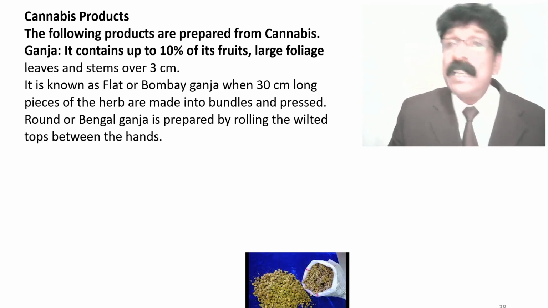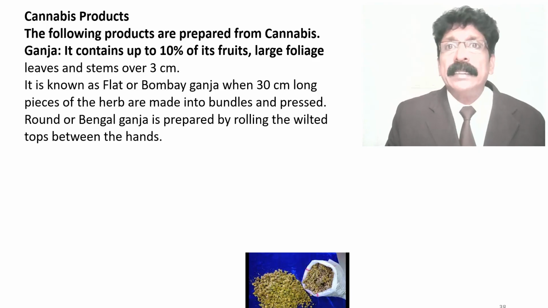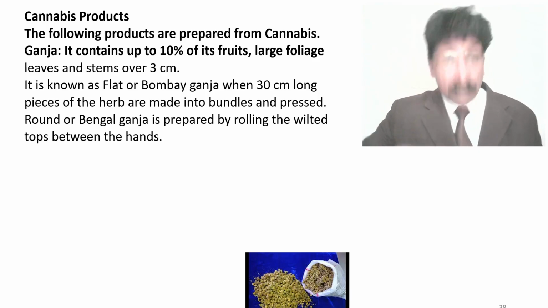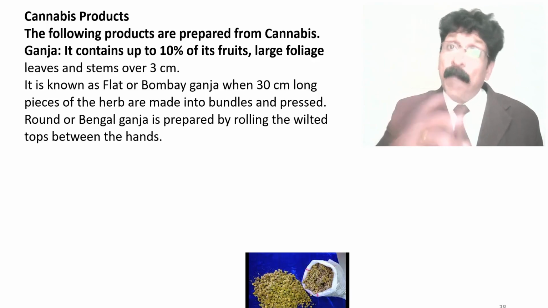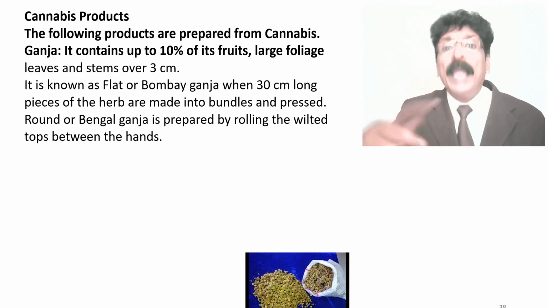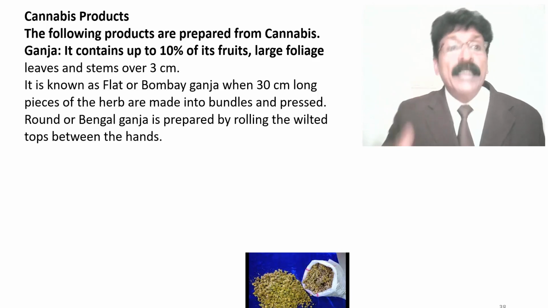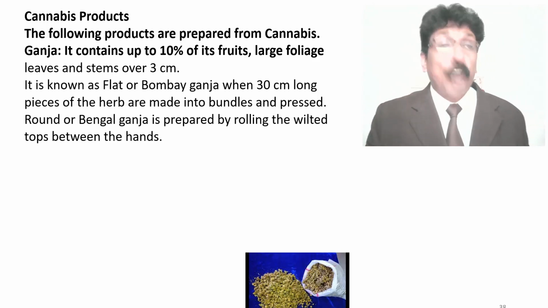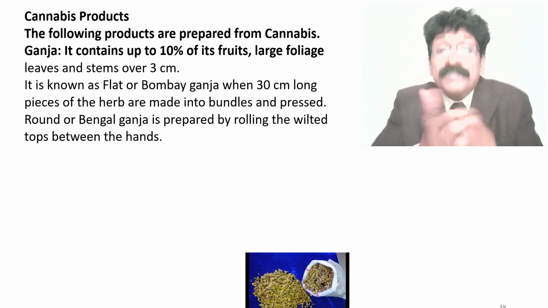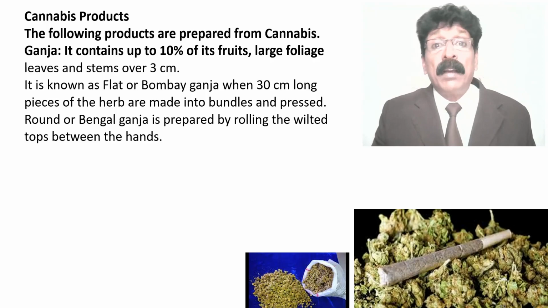Pieces of herbs are made into bundles and pressed. Round or Bengal ganja is prepared by rolling the wilted tops between the hands. This is Bengal ganja.